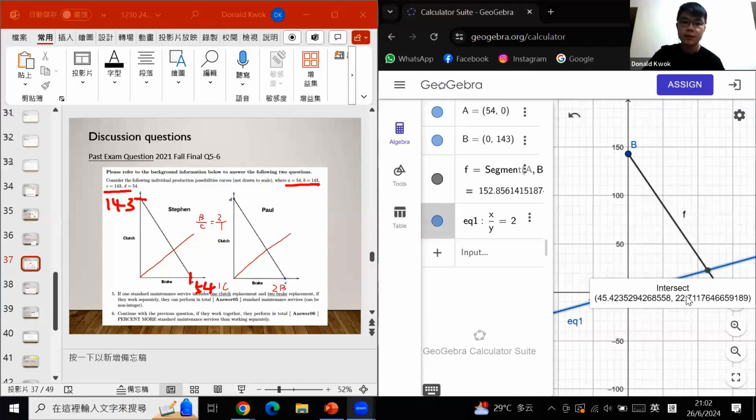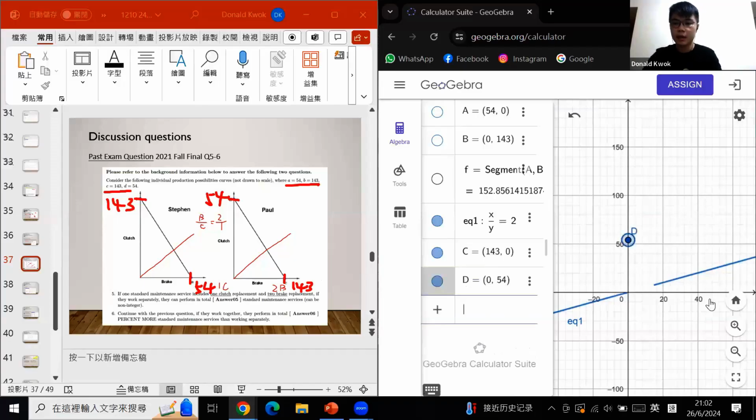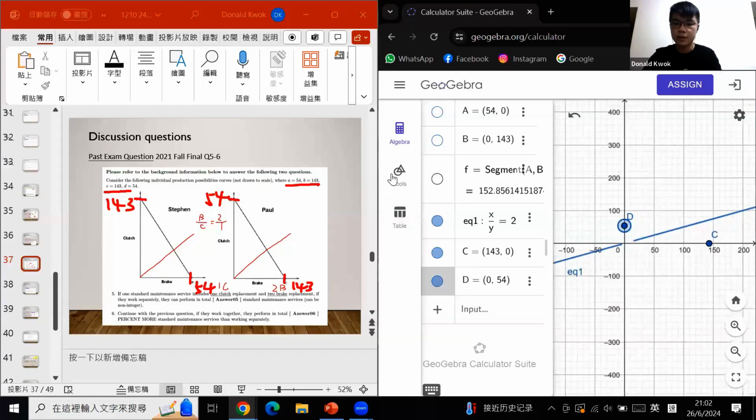Right, so we do something similar for Paul. His x-intercept would be 143, while his y-intercept would be 54. So we just draw the individual PBC of Paul on GeoGebra first. And then we use the segment function to connect the 2 points here.